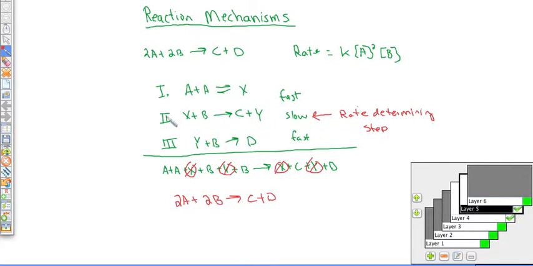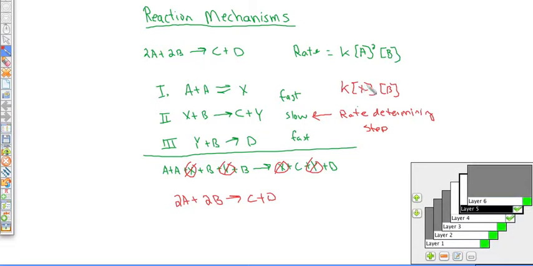All right, so let's go ahead and look at our rate law. So here's the one that we know has to match up to our rate law. So now when we look at our rate law, we say, okay, but wait a minute. In this slow step here, because remember rate law only uses the reactants, we have k equals X times B, but X isn't even part of the overall reaction. So you can't do a rate law with an intermediate in it.